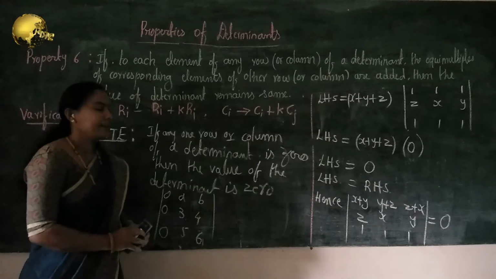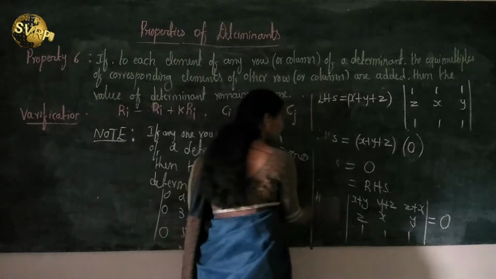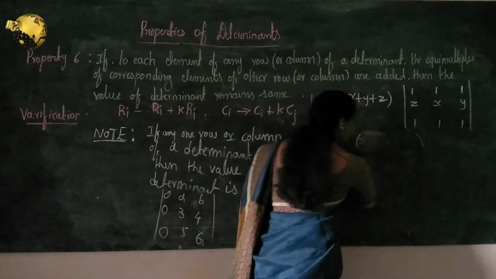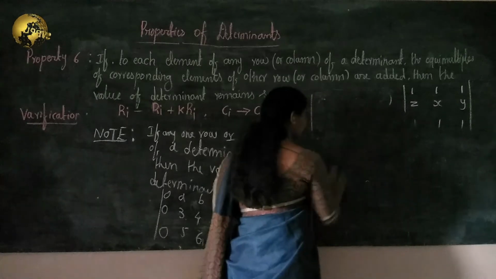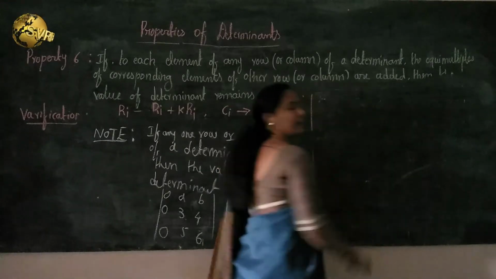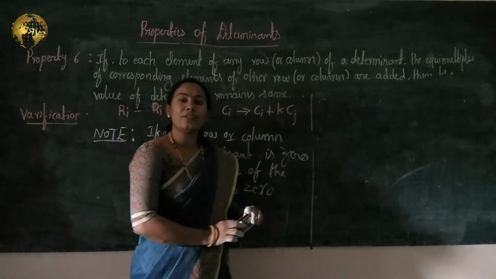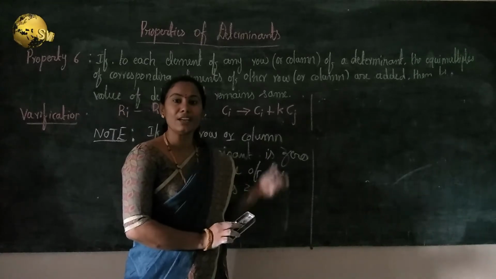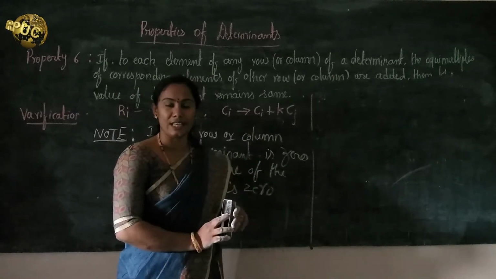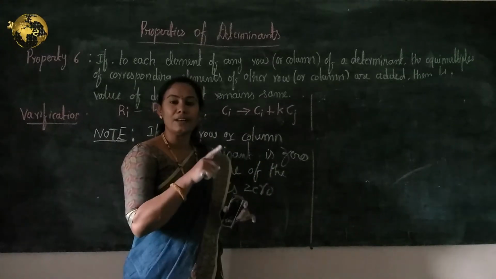And then another thing we have to note down here, in the triangular matrix. Let A be a triangular matrix. In any triangular matrix, the determinant value of that triangular matrix is the product of the diagonal elements.